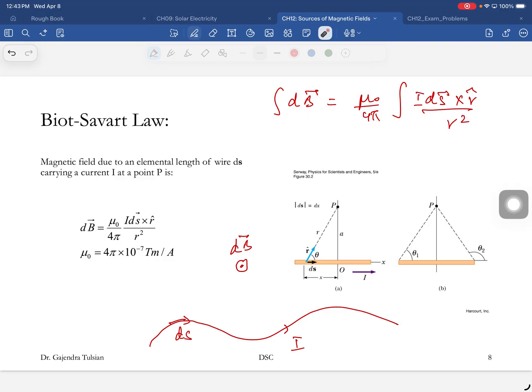So there's the integral in principle, and for a wire like this the integral is impossible to do. But there's the general expression.